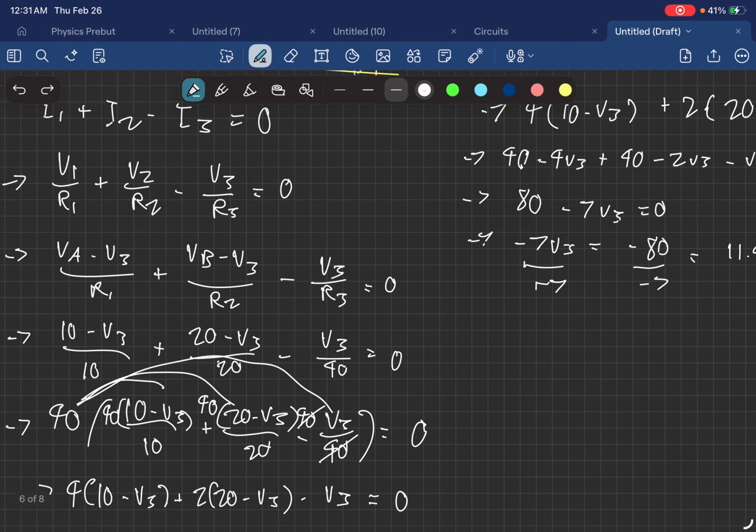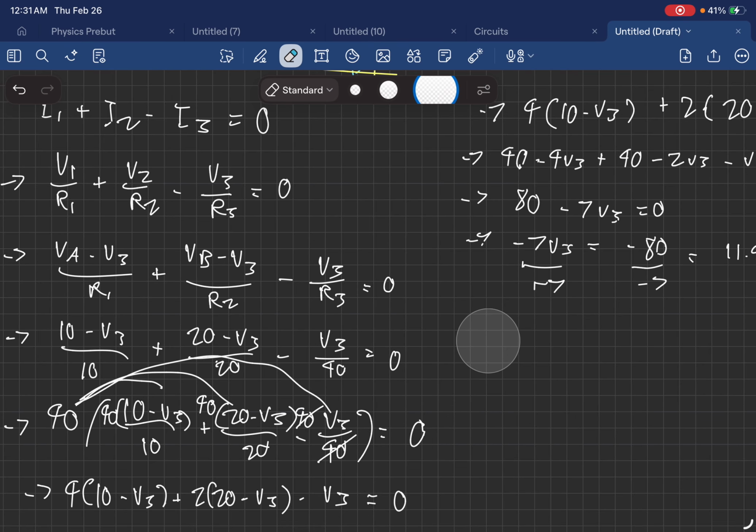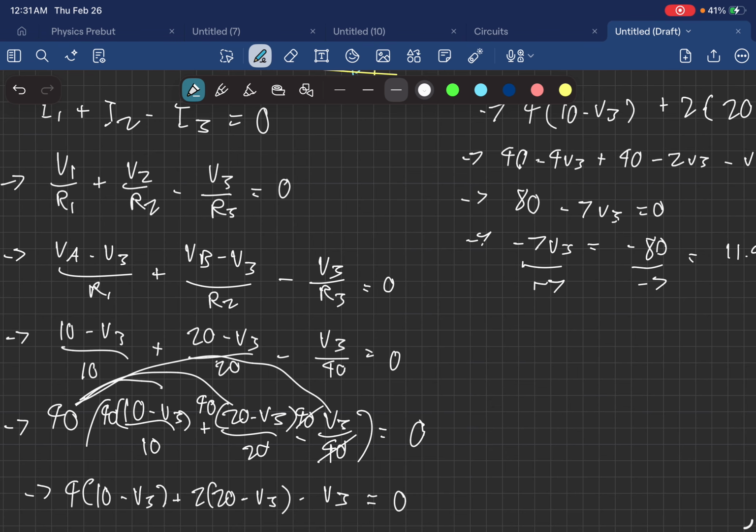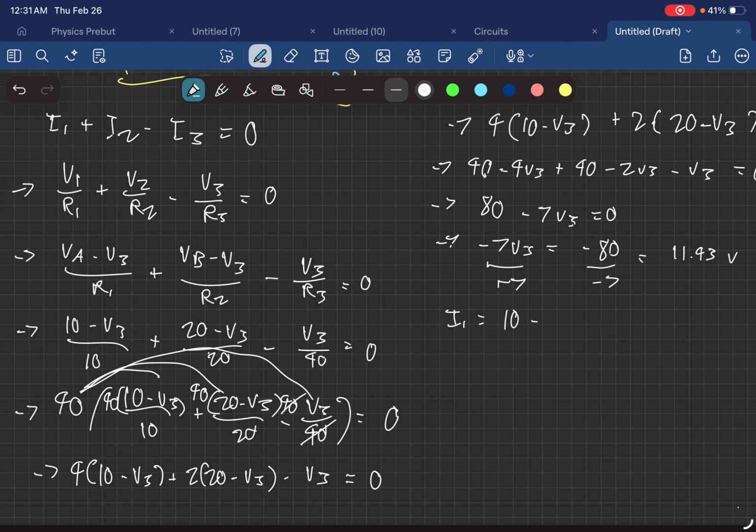So, I1 is equal to our VA, so let me just do this straight. 10 minus our V3, which is 11.43, over 10.